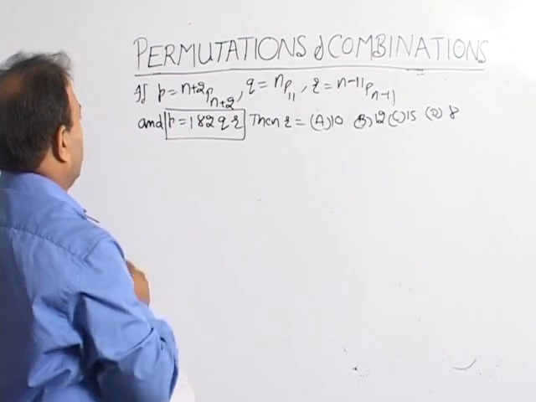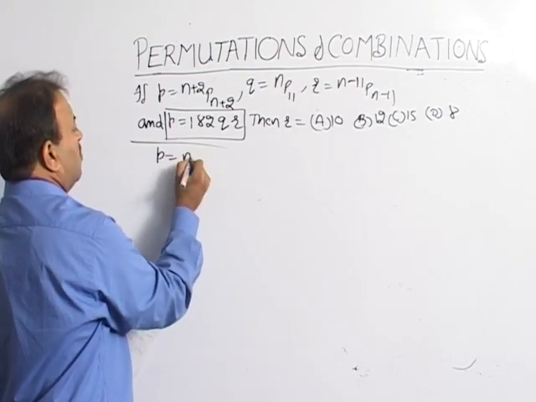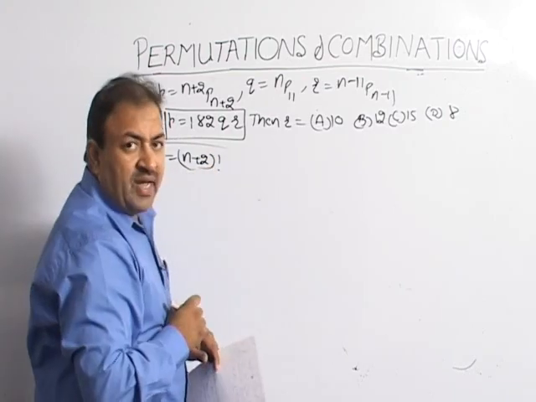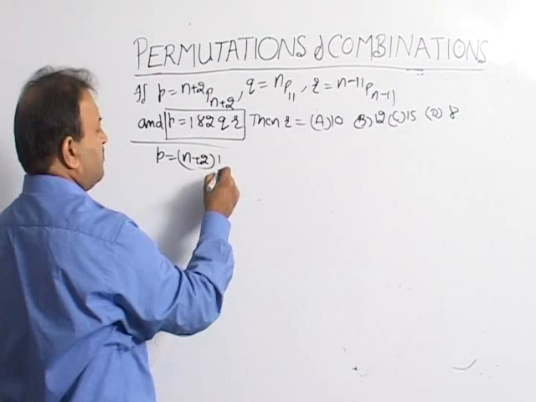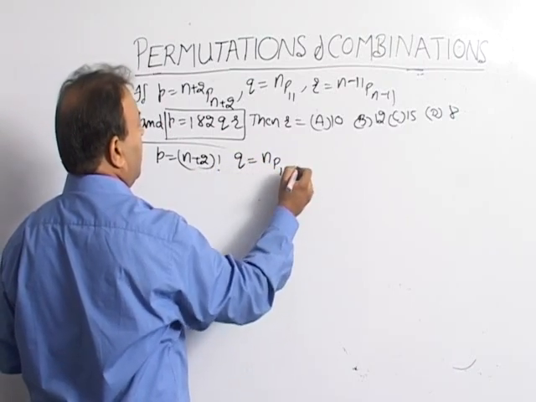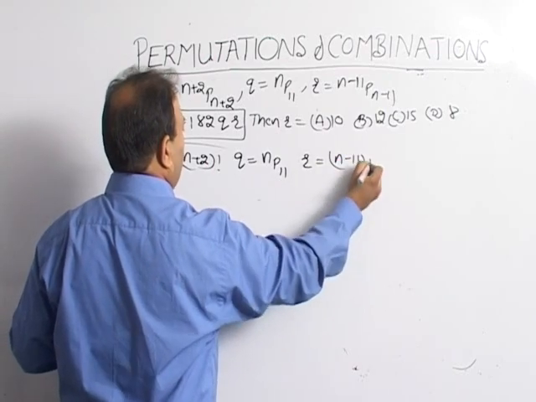Now as per the question, we can say here P is equal to n plus 2 factorial. Now P can be written as n plus 2 factorial. Q will remain as such, it is nP11, and R can be written as n minus 11 factorial.